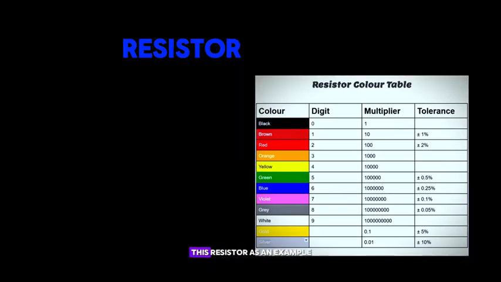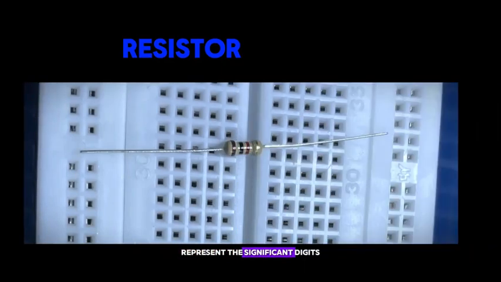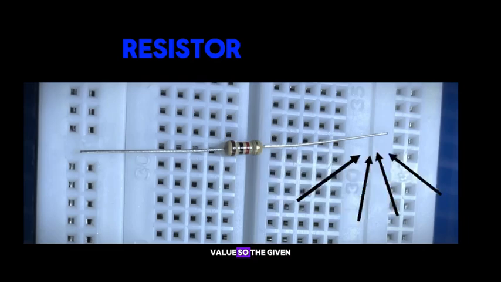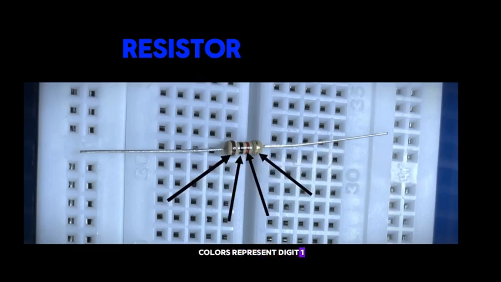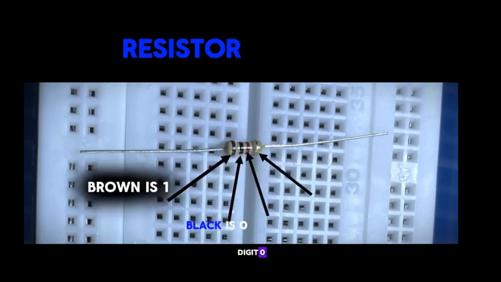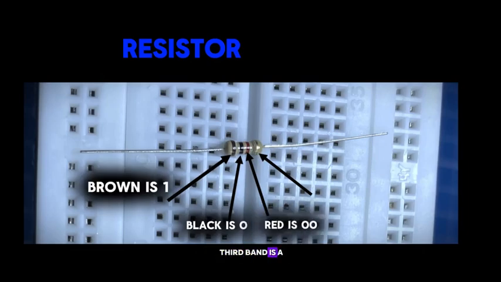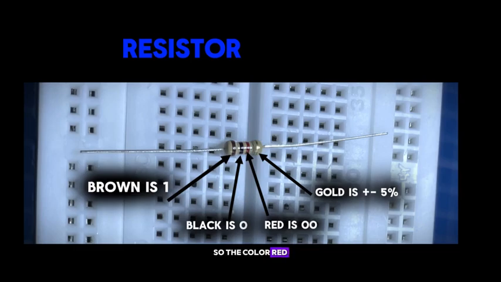So now let's use this resistor as an example. As we know, the first two colors represent the significant digits of the resistance value, so the given colors represent digit 1, which is brown, and digit 0, which is black. The third band is a multiplier band, so the color red represents a multiplier factor, and red is 2, which is 0, 0 in multiplier.